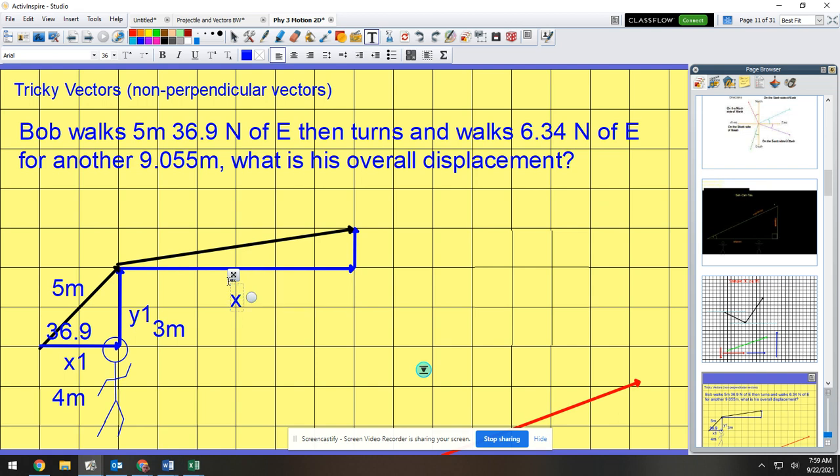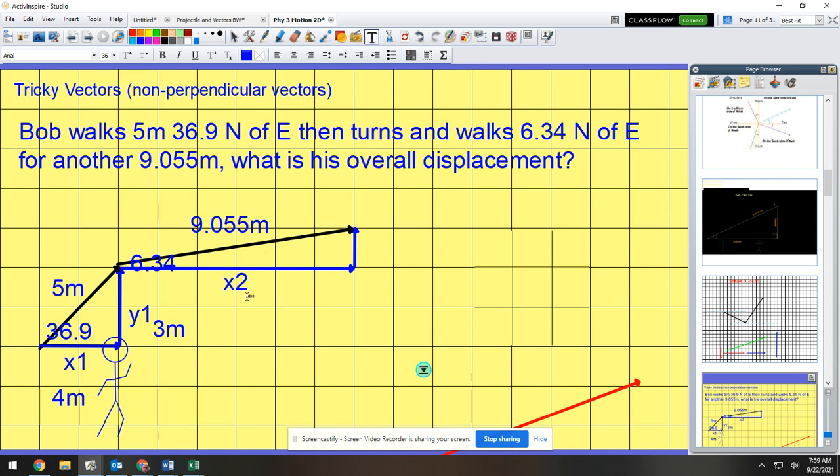Next, we have to solve for x2. That's this line here. Again, we've got 6.34 degrees for our angle, and we have a hypotenuse of 9.055. So again, we're going to use cosine to find x because we have adjacent over the hypotenuse. So you hit cosine of 6.34 degrees and multiply by the hypotenuse of 9.055 meters.